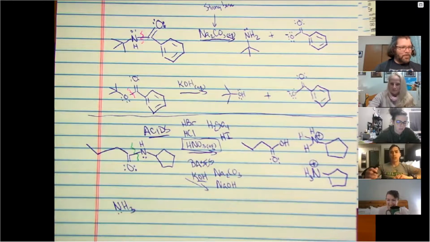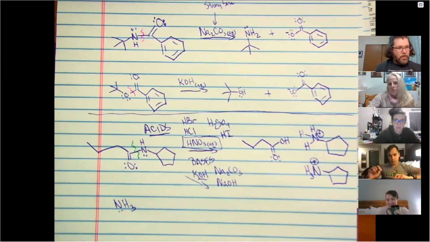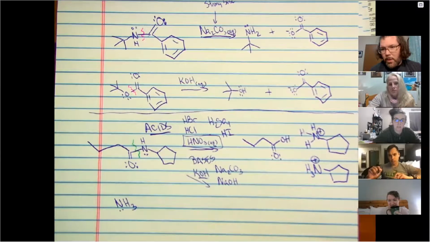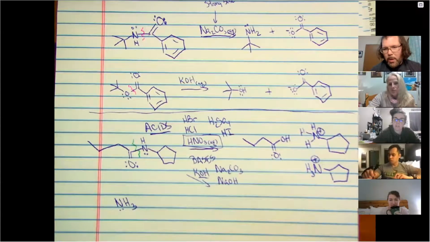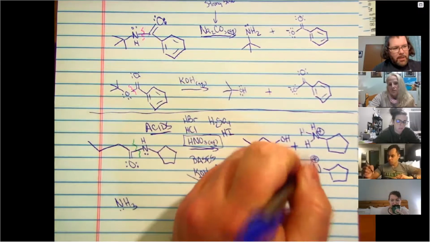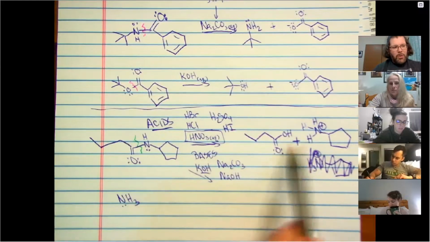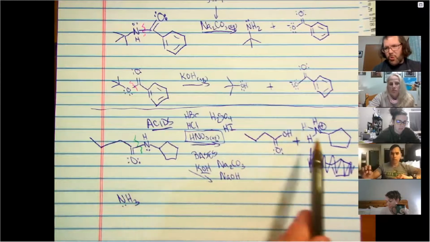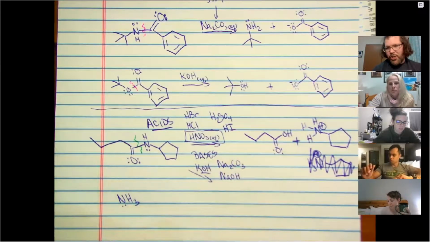Okay. Are these getting added like the first 2? Are these getting added like you had in the first 2 equations? Yeah, those are both the 2 products. Okay. So I just didn't write the plus sign, but yes, both those 2 things are the products of the reaction.